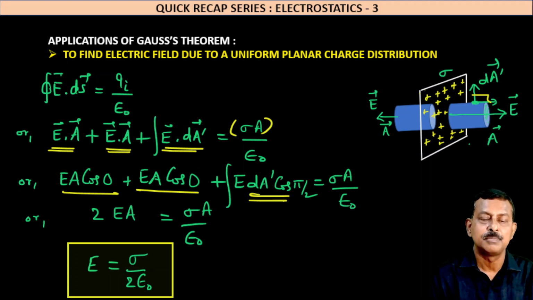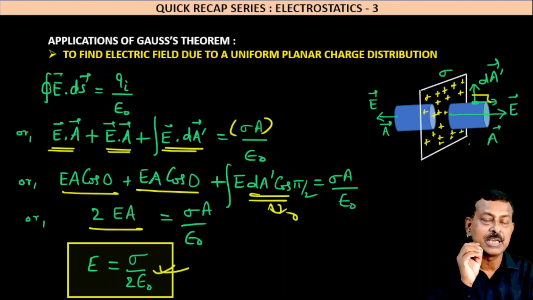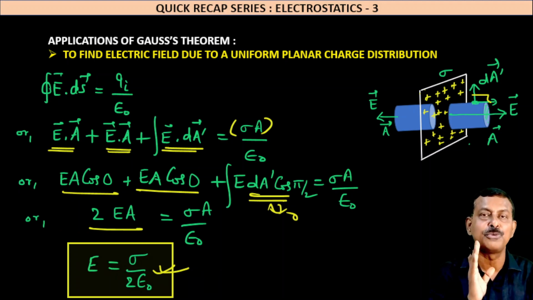This term will be 0, and the first term is EA, the second term is EA. So it is 2 times EA, which is equal to sigma A by epsilon naught, or E equals sigma by 2 epsilon naught. This is the electric field due to a uniform planar distribution of charge of infinite dimension.